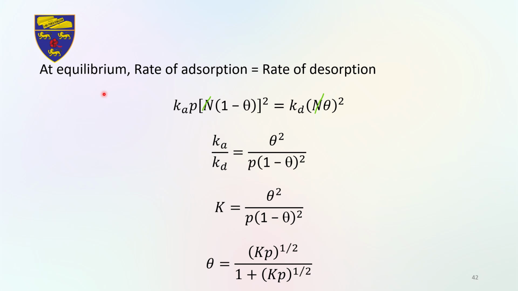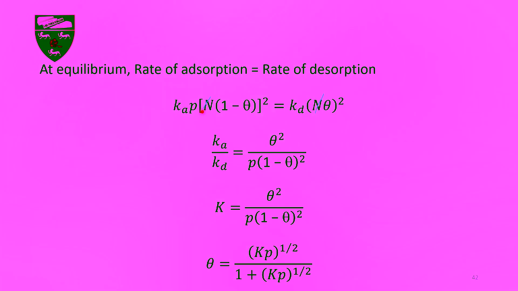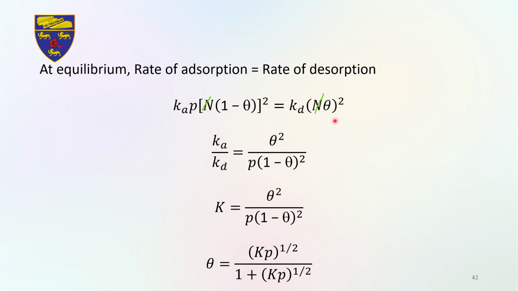At equilibrium, the rate of adsorption is equal to the rate of desorption. So with that, we equate both of the expressions, and in the end it comes up with theta equal to the expression here, which is a modified Langmuir isotherm.